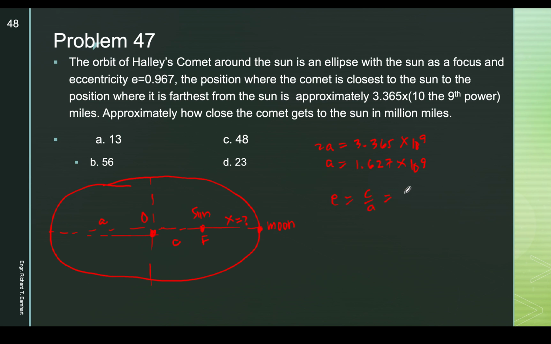We're given that this is 0.967, and a is 1.6825 times 10 to the 9. So therefore, we can compute for c.